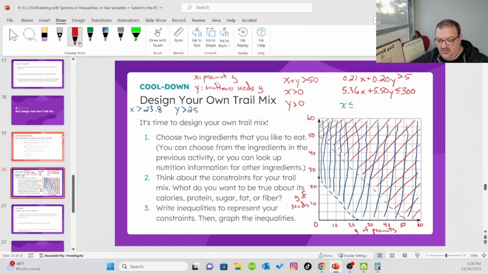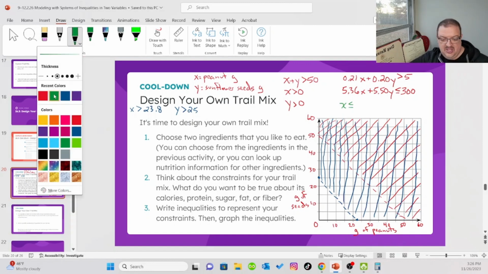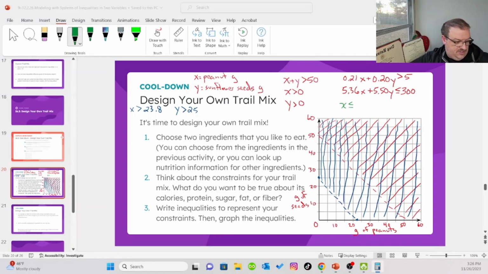Now, my x would need to be less than or equal to 300 divided by 5.36, which is 56. So my x would be at 56, so right about here.